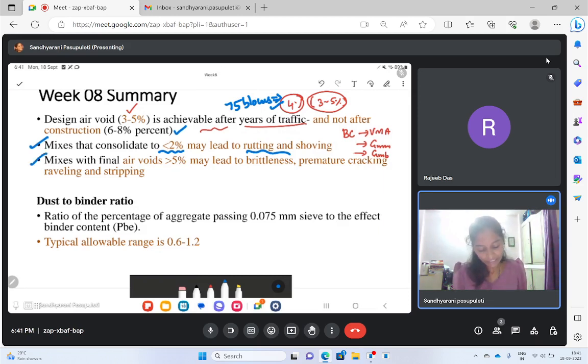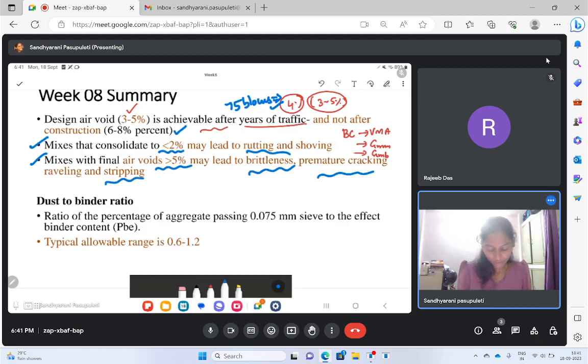Another thing is air voids should not be more than 5%, which may lead to brittleness, because when the air voids are very high, there is a higher chance of circulation of air, which will cause oxidation of the binder, thereby more stiffening of the binder, leading to brittleness of the mixture, premature cracking, stripping and moisture damage. All these cracks are a possibility.